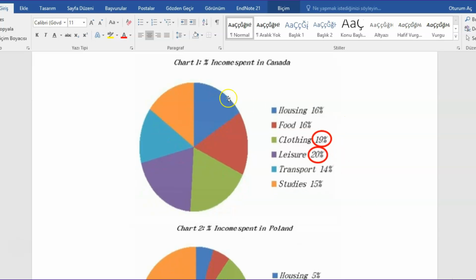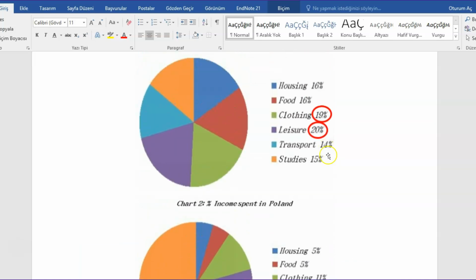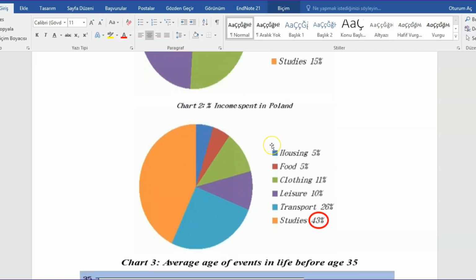In chart 1, which is regarding Canada, what are the highest sections? Clothing and leisure are the fields where most of the income is spent, 20% and 19%. The lowest one is transport.